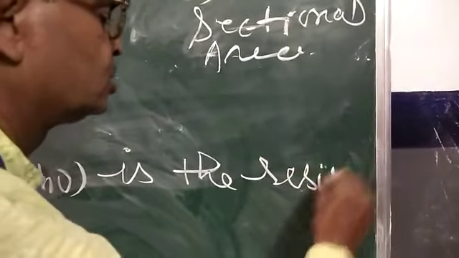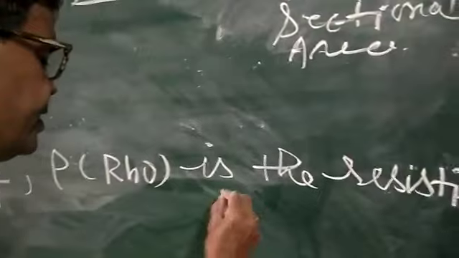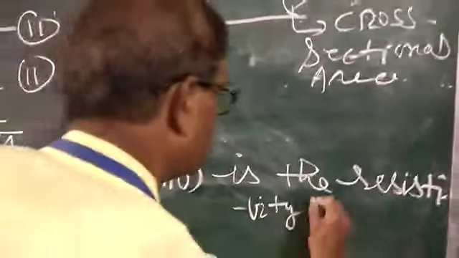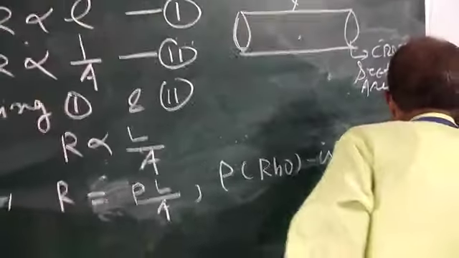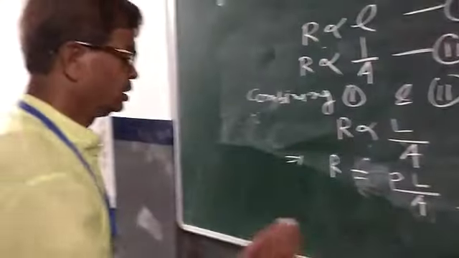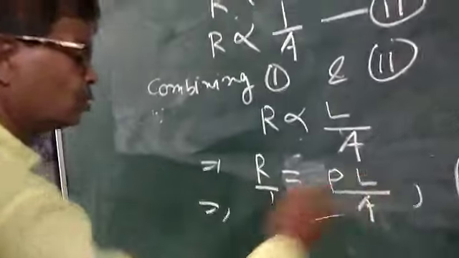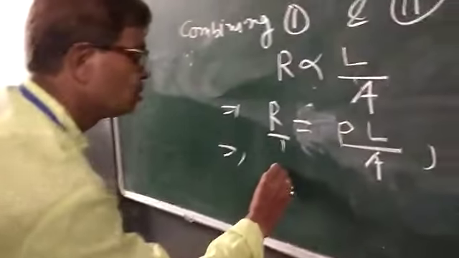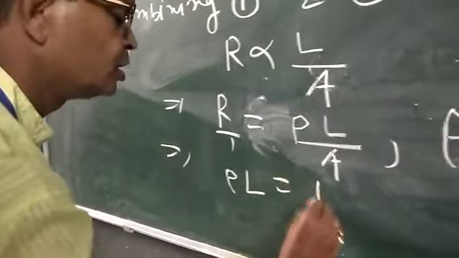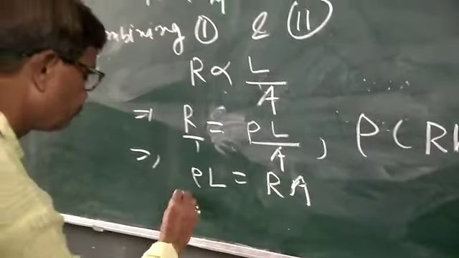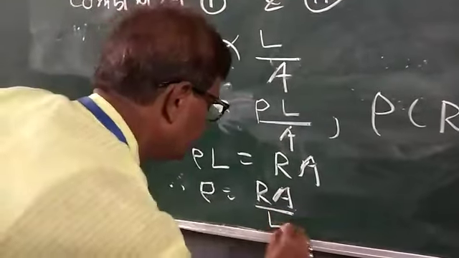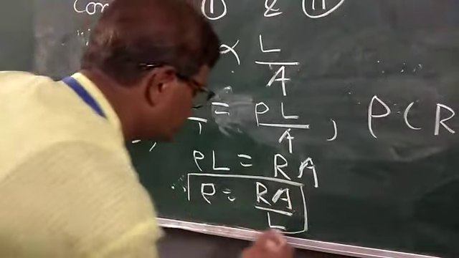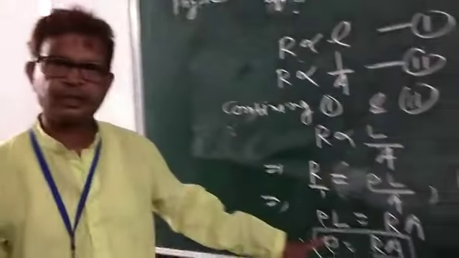resistivity of the conductor. Cross multiplying it, rho L is equal to R A, therefore rho is equal to R A by L. Students, just try to understand this expression.